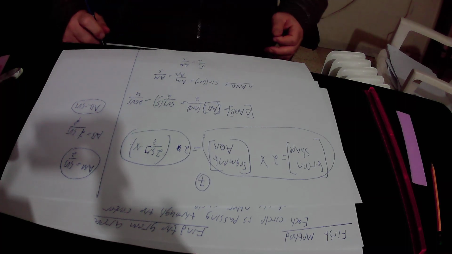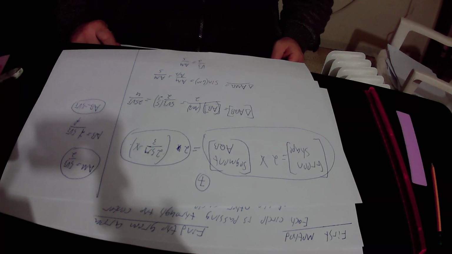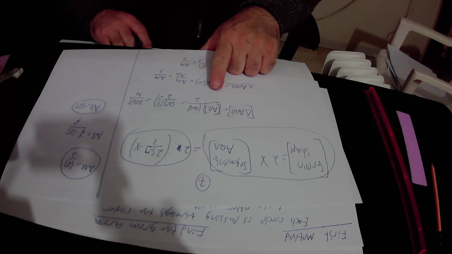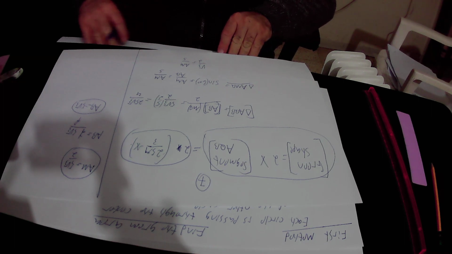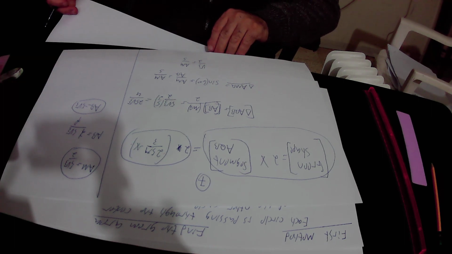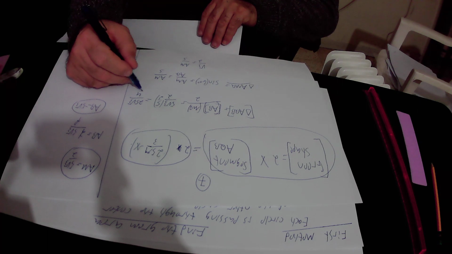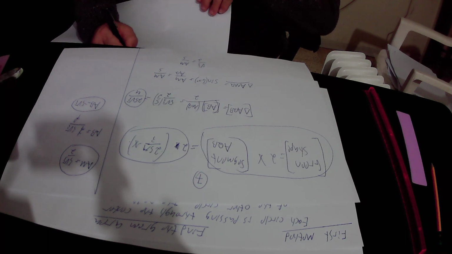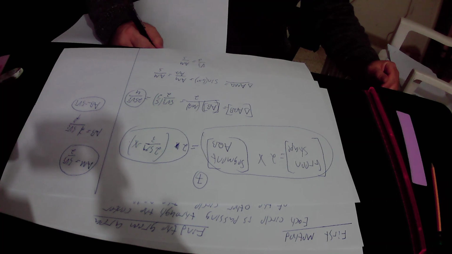So we found that the area of triangle AQB equals 25 times square root of 3 over 4 square units.